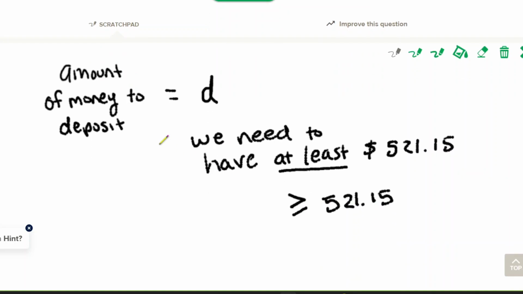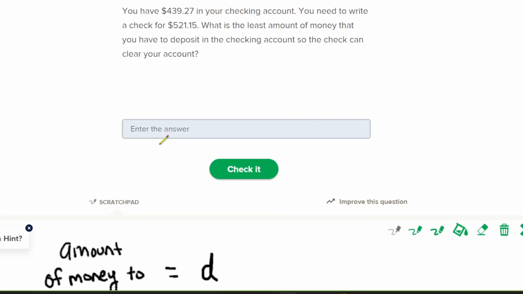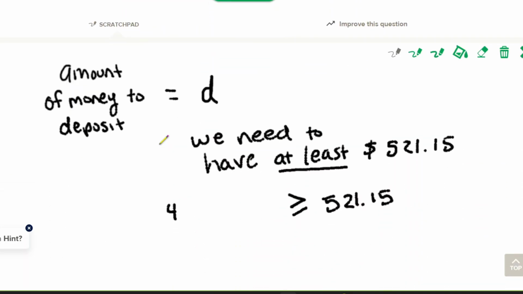So on the left side, the amount I have in the account, I have $439.27 in the account already, and we're going to add to this a deposit, which I called D.